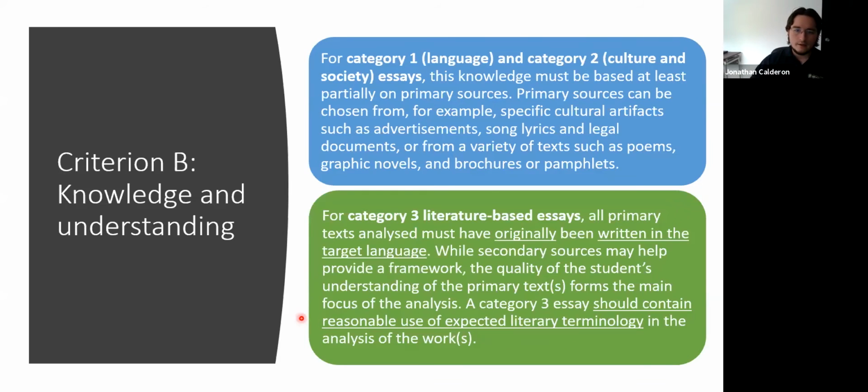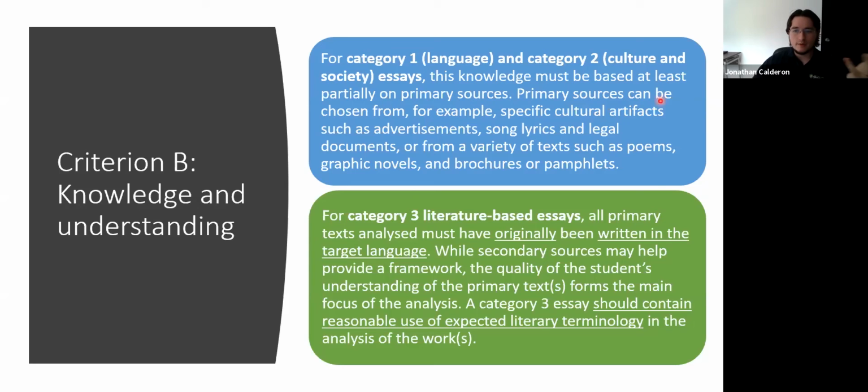Okay. So it says here for category 1 and category 2, this knowledge must be based at least partially on primary sources. So the elements that they're going to be using for their research question must be at least partially based on primary sources.